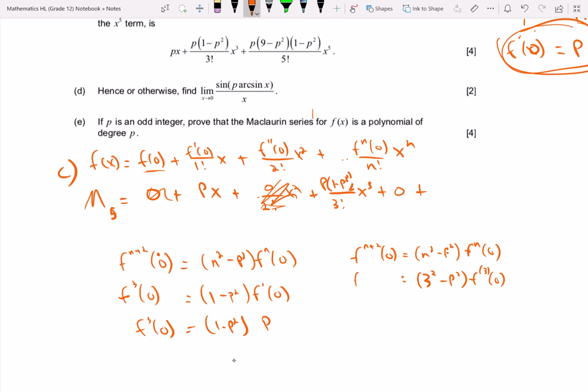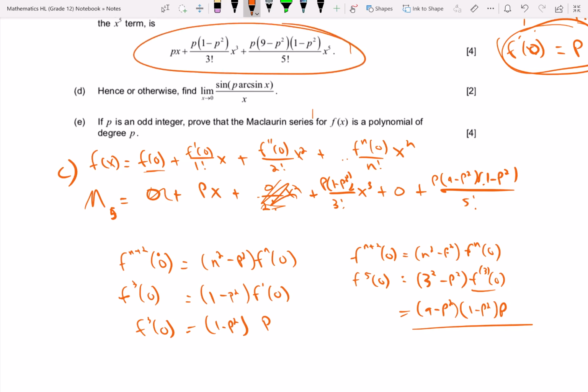And then if I plug in 3 over here, I get 5, right? So the fifth derivative is equal to the third derivative times this. This is 9 minus p squared. The third derivative, remember, was 1 minus p squared times p. And so this is the fifth derivative, right? So that's what I would put here, is p times 9 minus p squared times 1 minus p squared over 5 factorial. And then you can see you have the same thing as you have here, right?